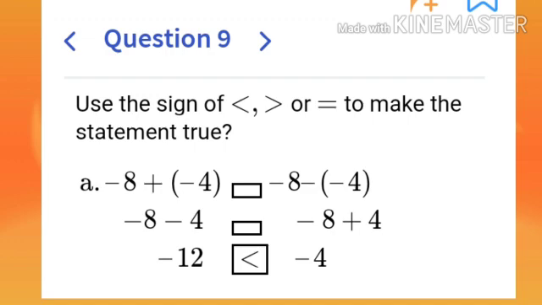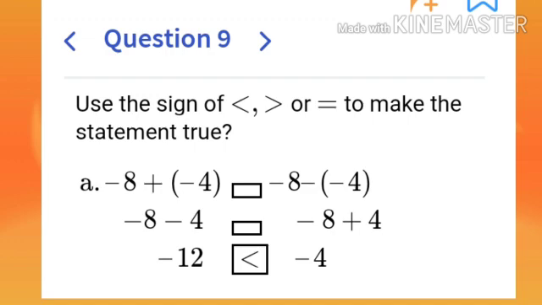What is the procedure for addition and subtraction? If two negative numbers are added, we will get the result in negative, and also same as if we are subtracting two negative numbers, we will get the result in negative. Therefore, minus 8 plus of minus 4. The procedure is we have to add the two negative numbers.